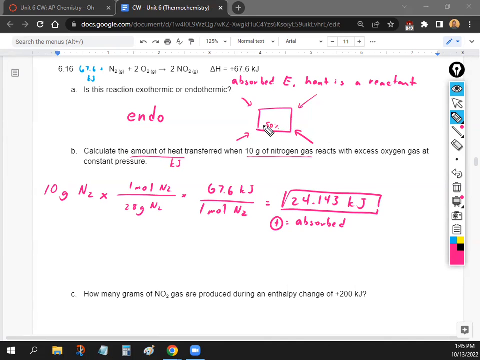It goes up, right? So if it started at 50 and then goes to 100, that means there was a positive change in the energy. That means it's endo. Your phone is absorbing energy. And so the delta H is positive because the energy inside is going up. Make sense? So that's why positive enthalpy change means endo.